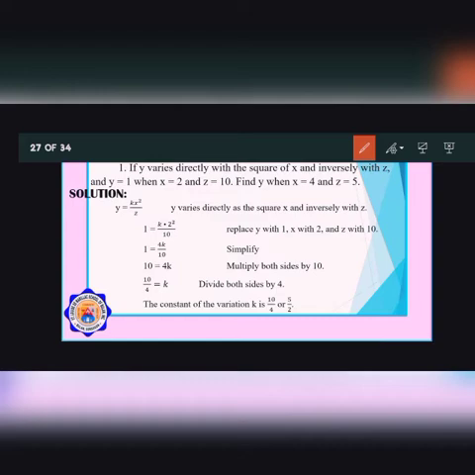So, that is 4k times 10, since the value of z is 10.